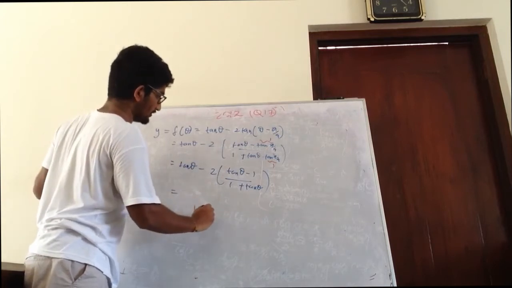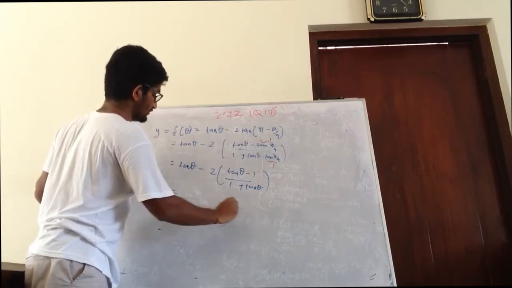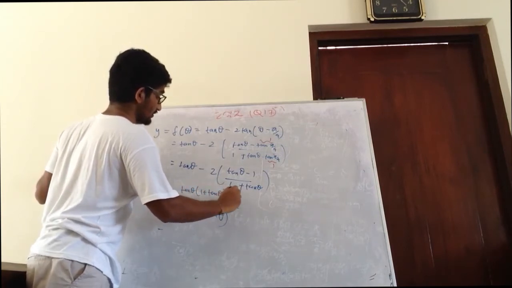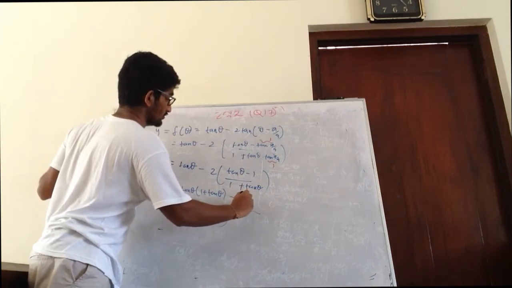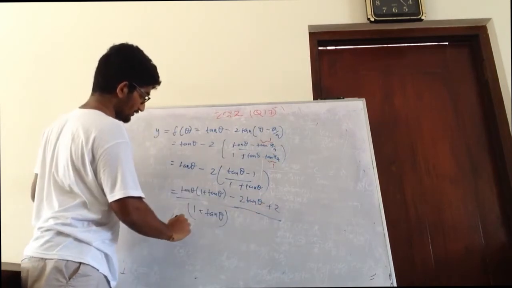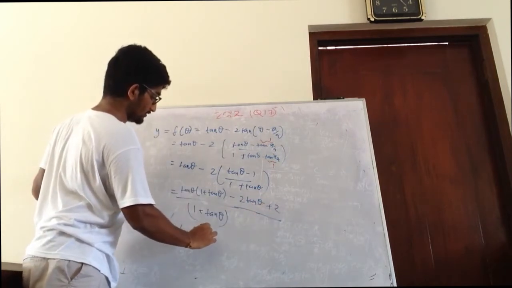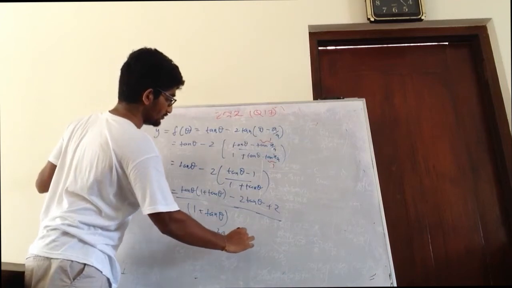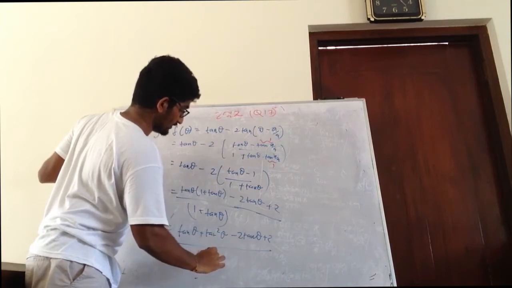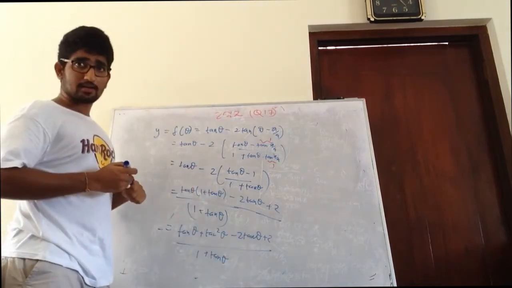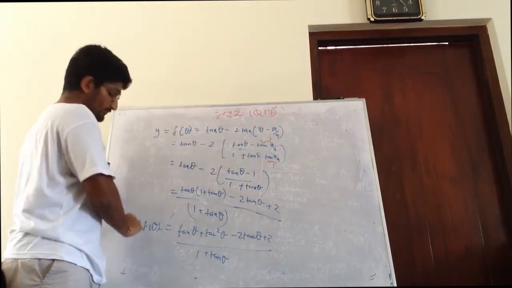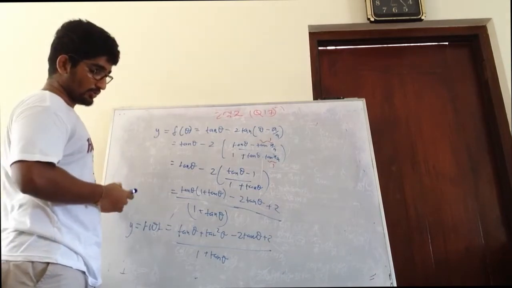Then 1 plus tan theta times (1 plus tan theta) minus 2 tan theta plus 2. So that is tan theta plus tan square theta minus 2 tan theta plus 2, over 1 plus tan theta.